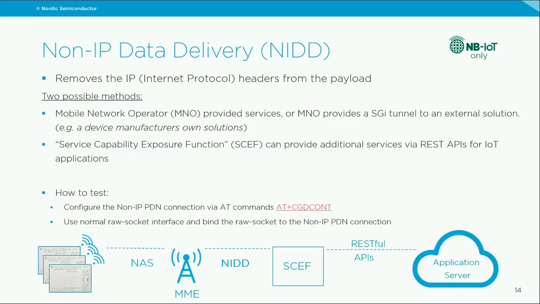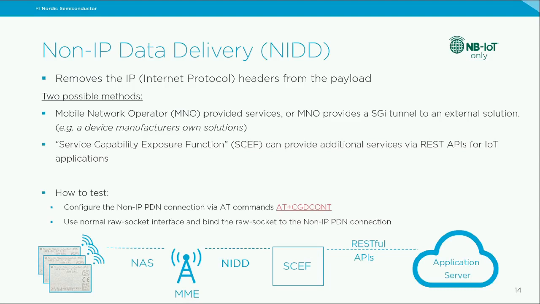Or the other method is that you have something called the service capability exposure function, SCEF for short, that can provide additional services via REST APIs for IoT applications. The SCEF solution is more or less a standardized REST API towards the mobile network operator, and by using this method you can actually get a lot of details about your device.